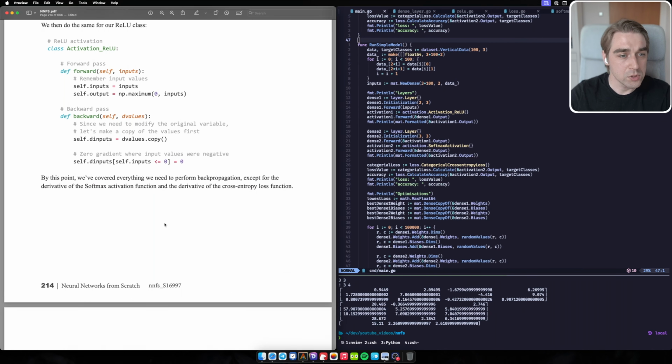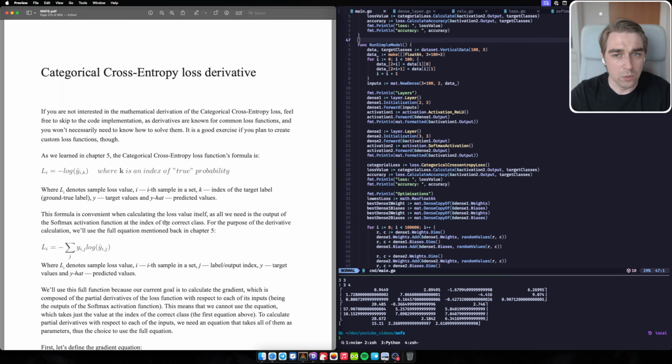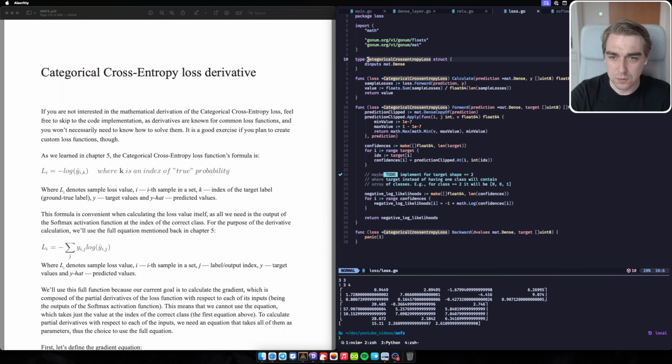Okay, so the first thing that we're going to implement is the categorical cross entropy loss derivative, and I think this is the one, right? Yes. So let's go.